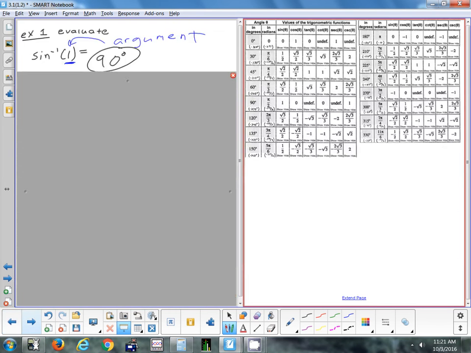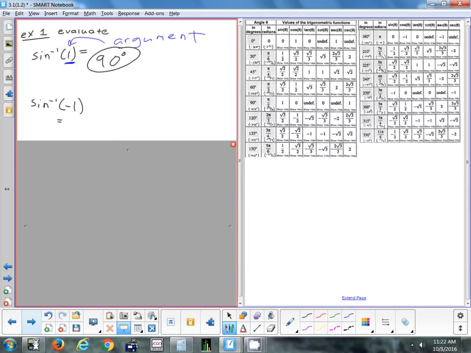All right, so let's try inverse sine of negative 1. Anybody tell me where you see that one?